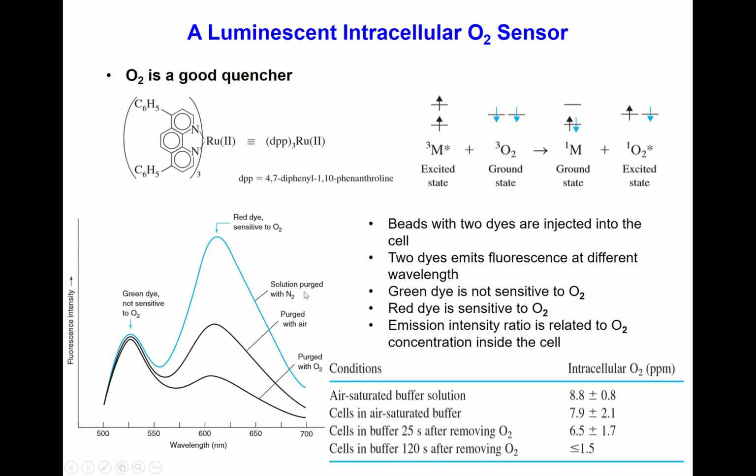Then when you purge the solution with nitrogen, the oxygen concentration inside the cell becomes lowest, and the fluorescence intensity becomes higher. So by taking this fluorescence spectrum, you can estimate the intracellular oxygen concentration.